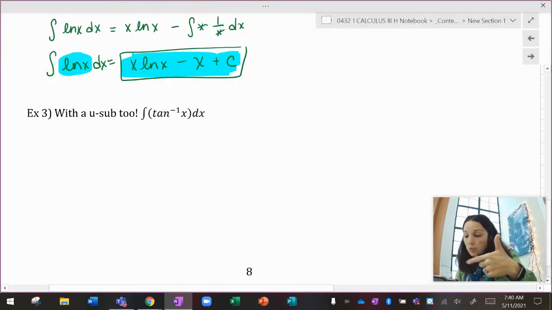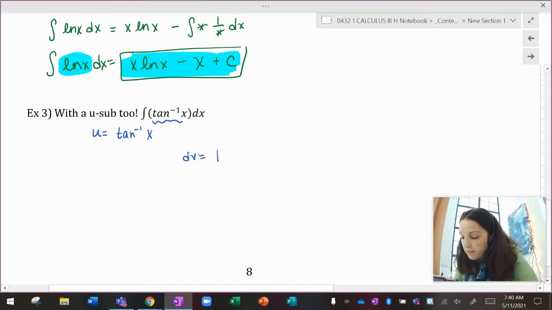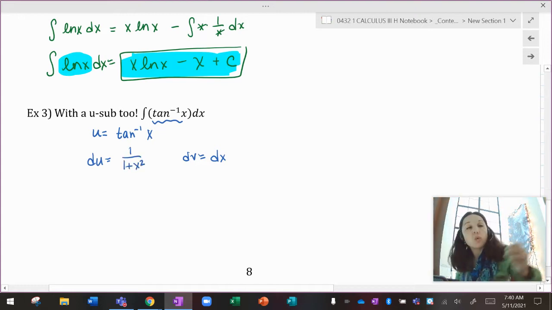LIATE, logs, nope, inverse trig. Yeah, that's what I got. So u is going to be inverse tan x, and dv is going to be everything else. So the derivative of inverse tan, yes, you need to know it, is 1 over 1 plus x squared, or du over 1 plus u squared. All right.